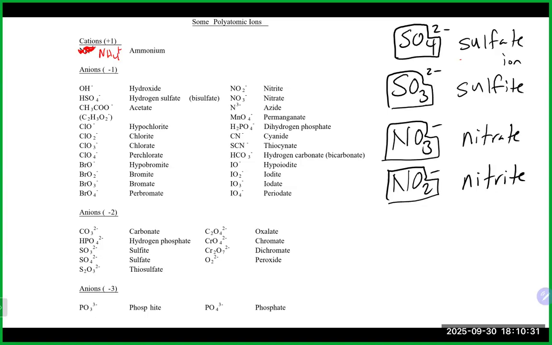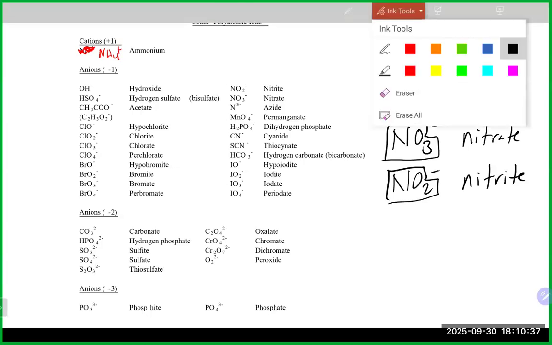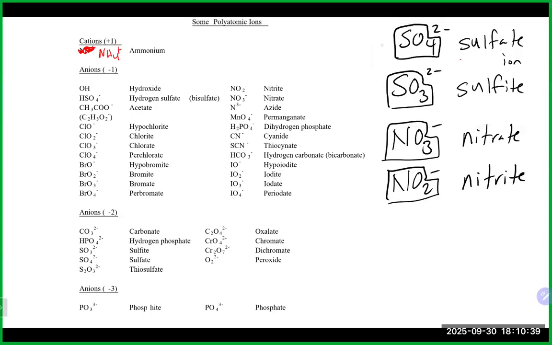So in a group of 2, for example, that are related to each other, the only difference between these 2 guys is actually just the number of oxygens. Everything else is the same, has the same charge, has the same number of sulfurs, everything's the same. And really the only difference between these 2 guys is the number of oxygens there.